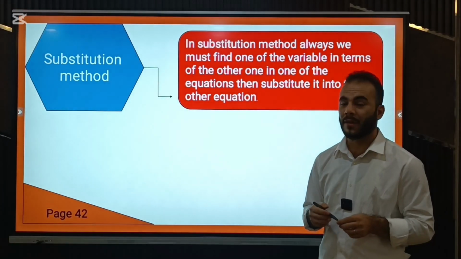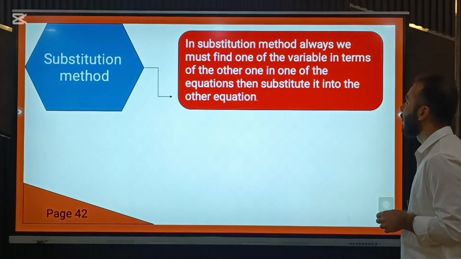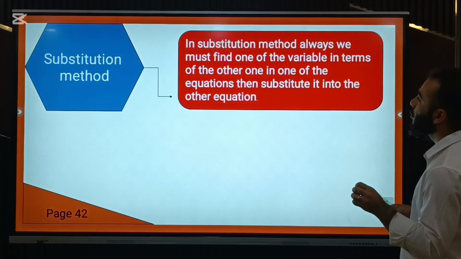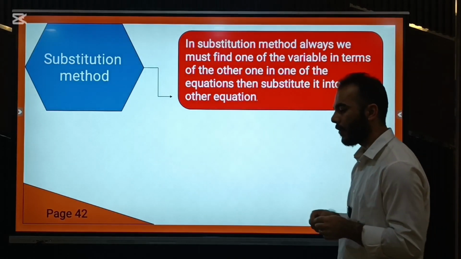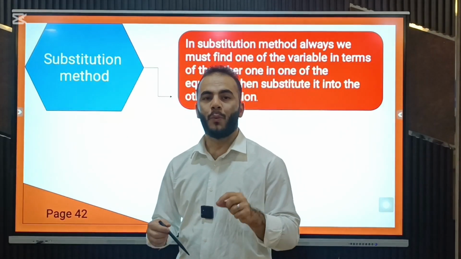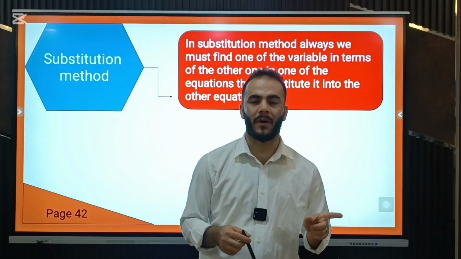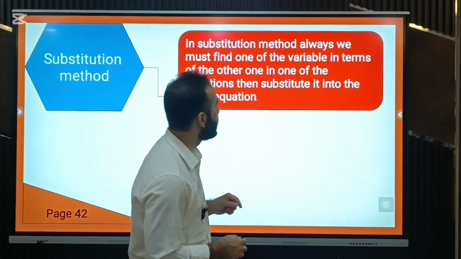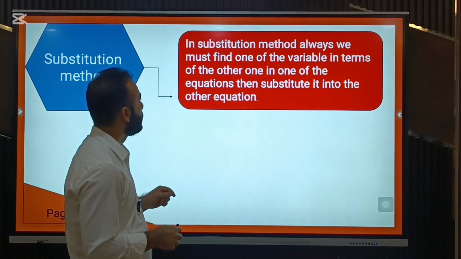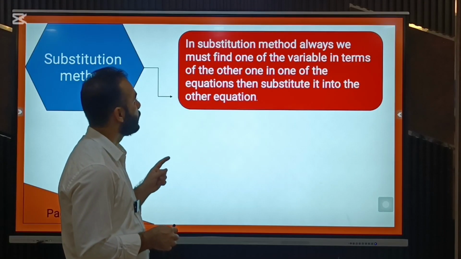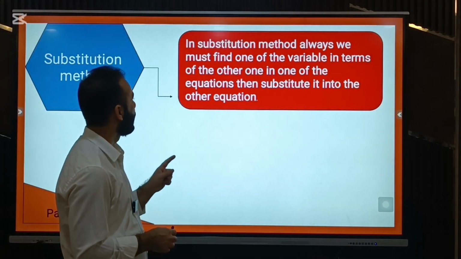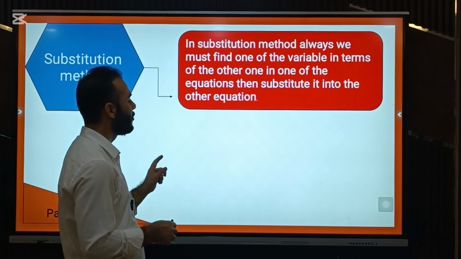In the substitution method, we must always find one of the variables in terms of the other one. So what is the goal? We need to find one of the variables in terms of the other one in one of the equations, then substitute it into the other one.